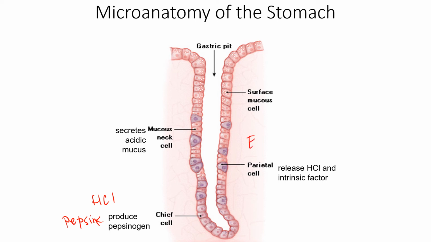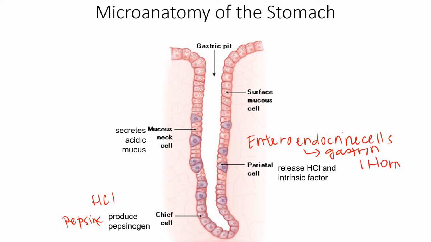You've got to have enteroendocrine cells. And what do they produce? They produce gastrin. And how does gastrin talk to those parietal cells? It's a hormone, and that travels through the bloodstream. So that hormone comes around through the blood, tells the stomach's parietal cells to release hydrochloric acid and intrinsic factor.